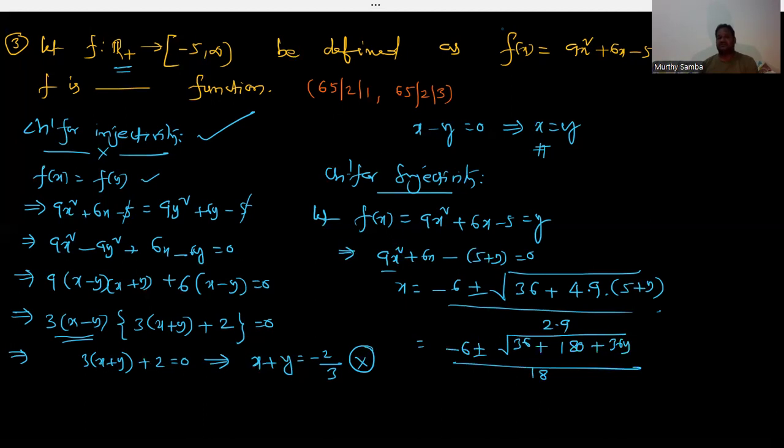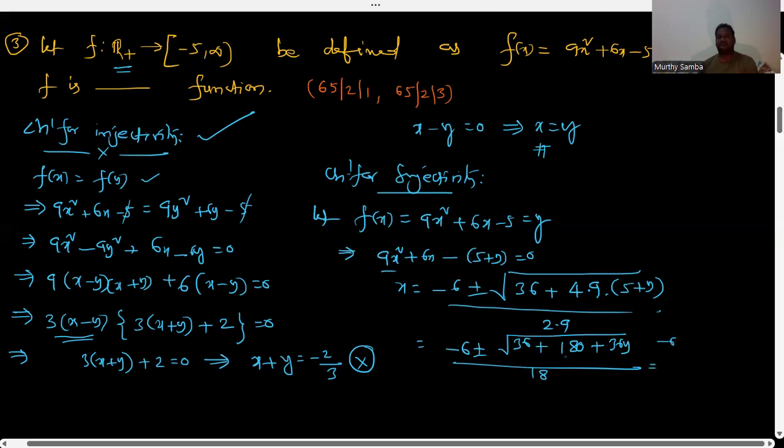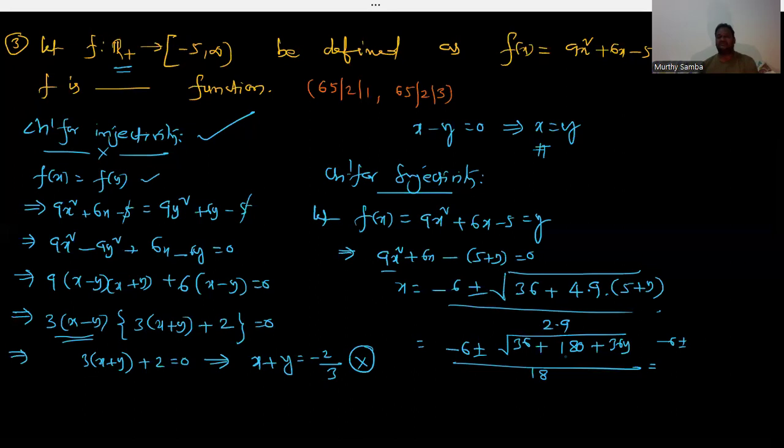So then I'm going to write this as minus 6 plus or minus root of, see, 36 plus 180 is equal to 216, right? So 216 plus 36y, whole divided by 18.